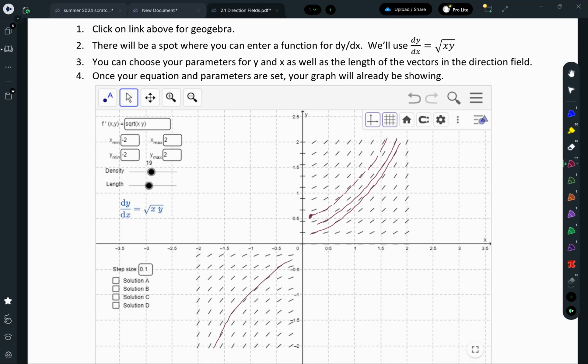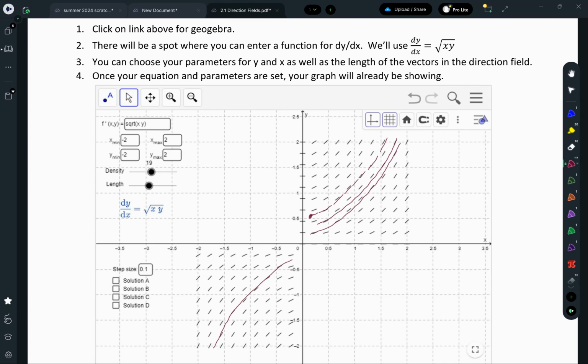Again, the idea is that you might not be able to solve the first order differential equation you're given, but you could draw its direction field or use a computer to get a direction field, and then you could sketch some curves on it, and you could see, oh, okay, well, that's what it looks like. All right. So keep that in mind, and I've given you a program that you can use.